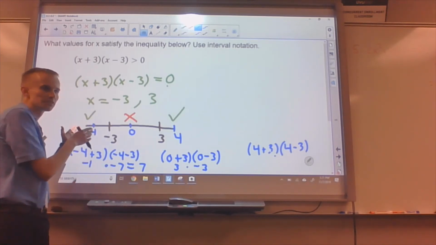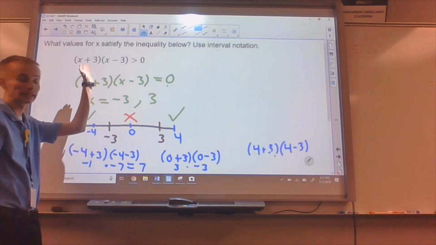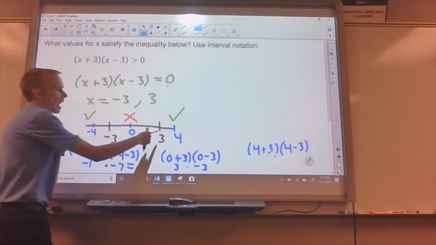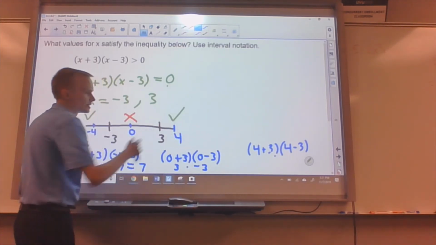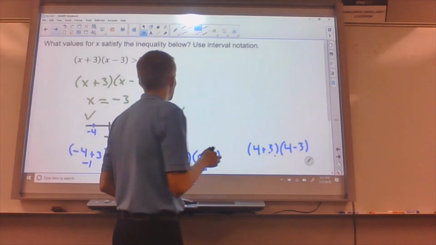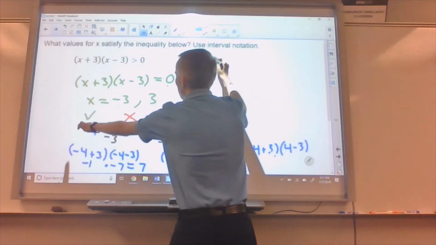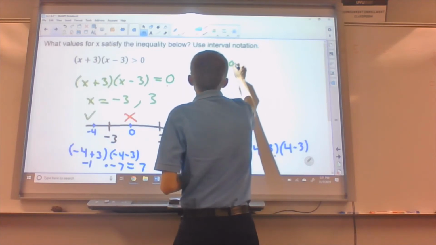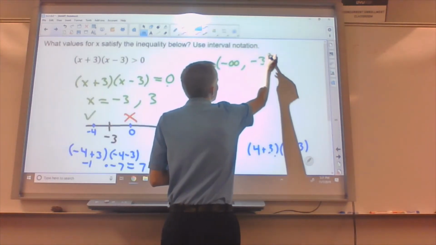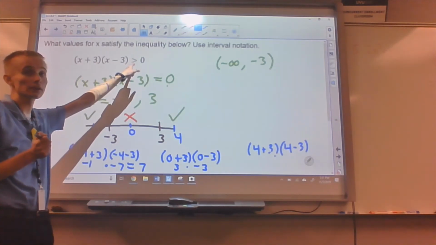So we've been able to figure out exactly what x values will solve this inequality. It's the ones to the left of -3 and also to the right of +3. How we would write that in interval notation: I'd go from negative infinity up to -3, but not including -3, because this is a strictly greater than sign.